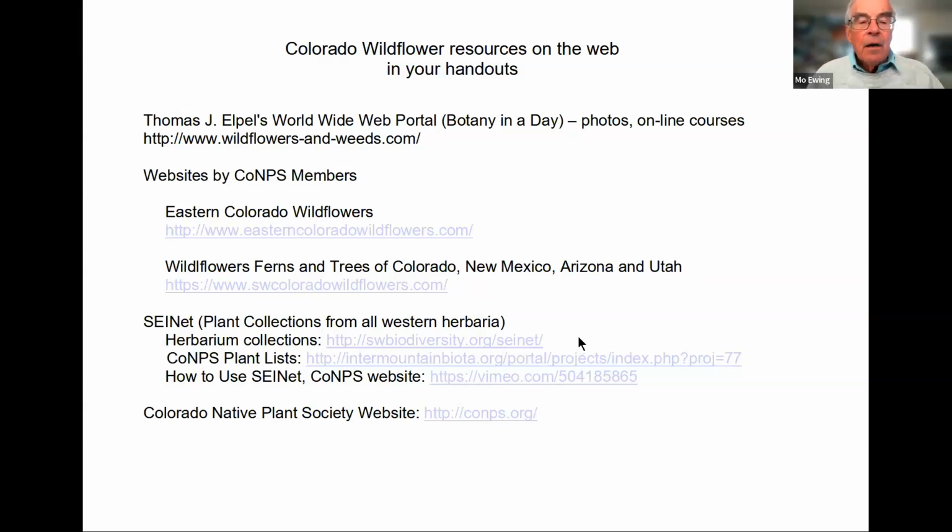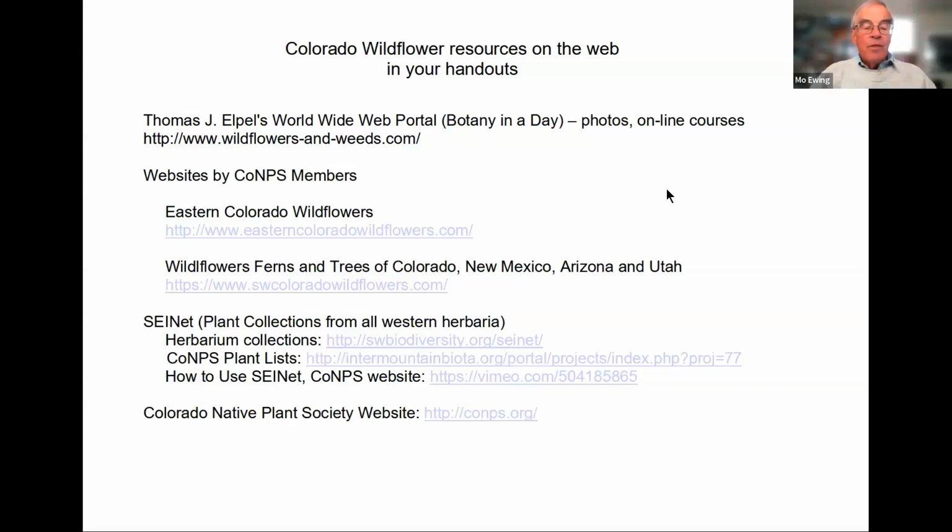And then a great site to go to, SEINet, which has collections of all the plants that have been collected by herbaria in the West. That's really a wonderful site. There's mapping stuff on there, and you can get lists of flowers by locations and stuff.